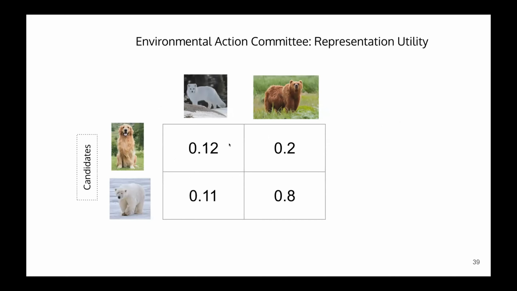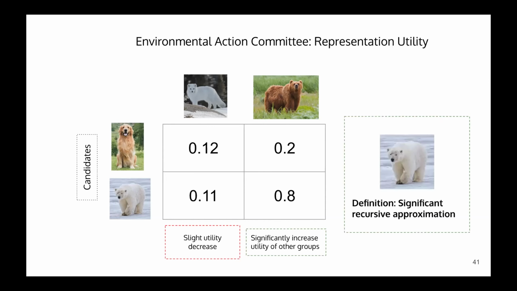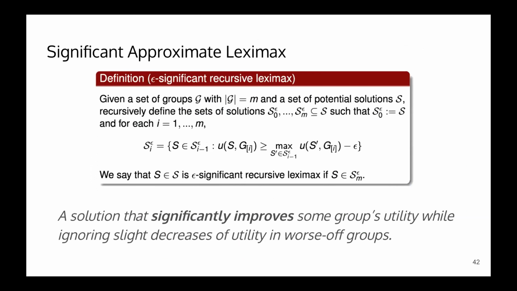If for the Arctic fox, we can slightly decrease its utility, we might be able to increase the utility of other groups. This is just a snapshot of the utility matrix for just these four. And so this is the idea behind significant recursive approximation, a definition that we introduce in our work. Formally, this is a solution that significantly improves some groups' utility while ignoring slight decreases of utility in worse off groups.